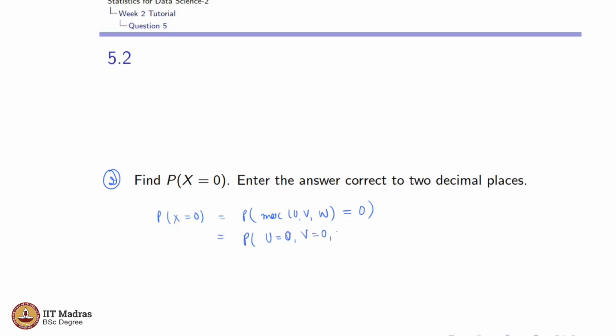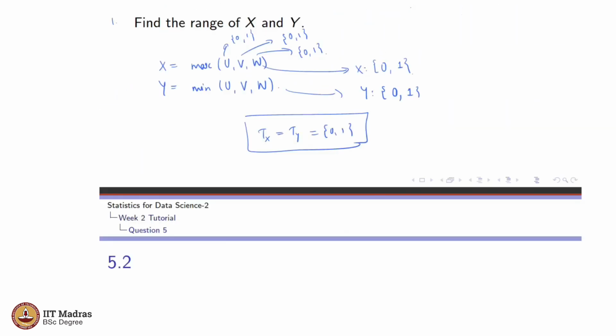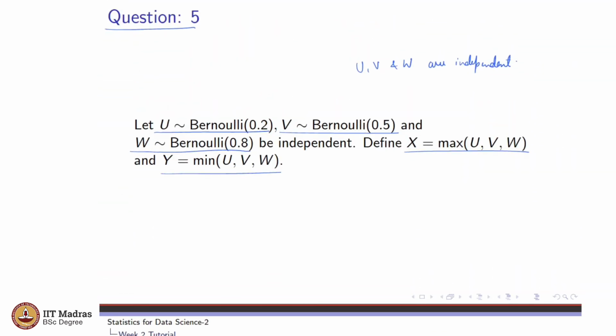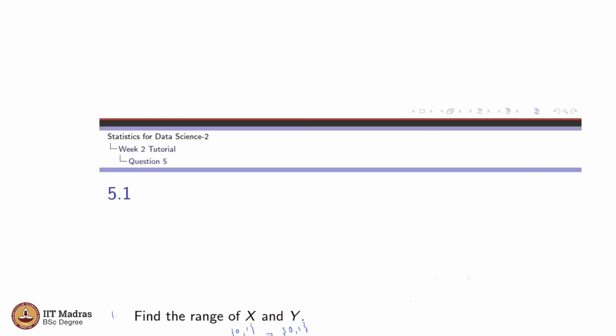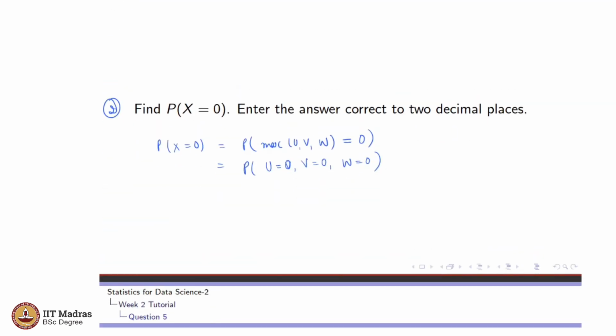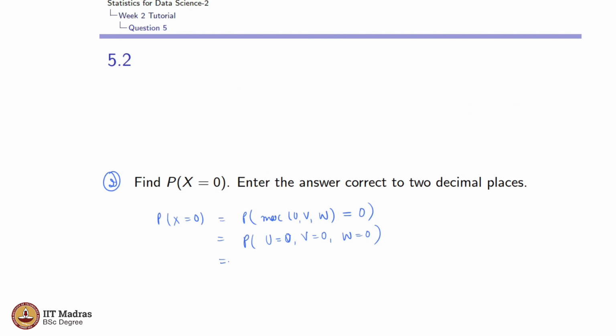So U equals 0, V equals 0 and W equals 0. Since U, V and W are independent, this equals probability U equals 0 times probability V equals 0 times probability W equals 0.